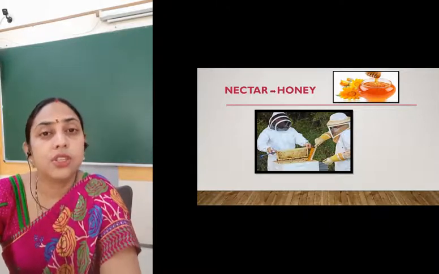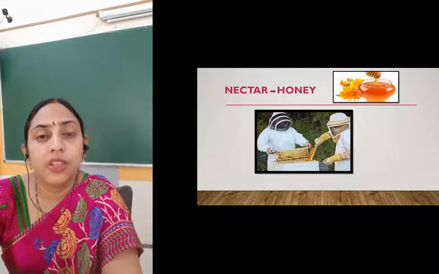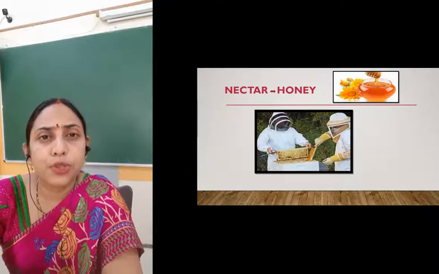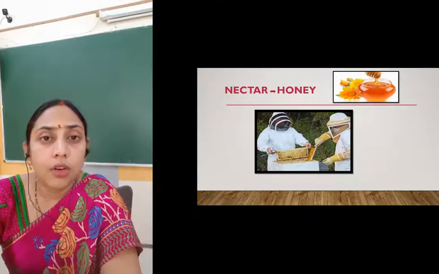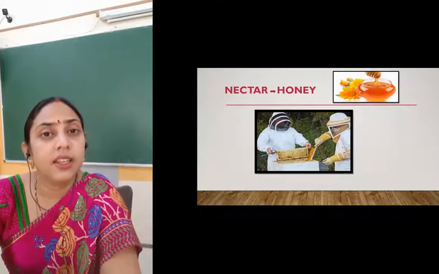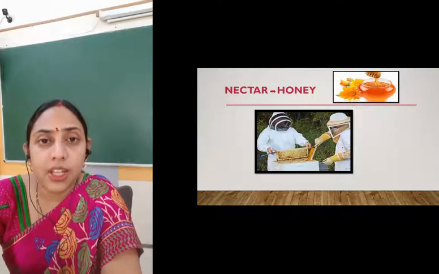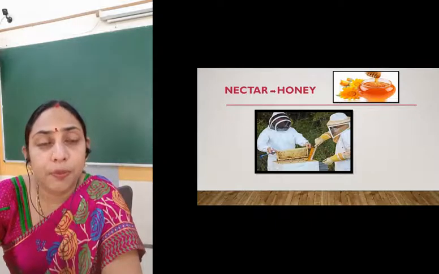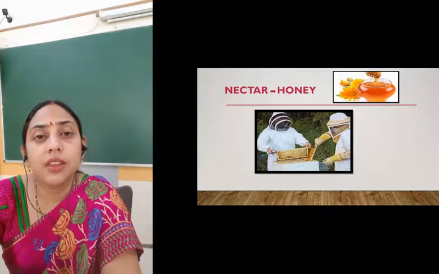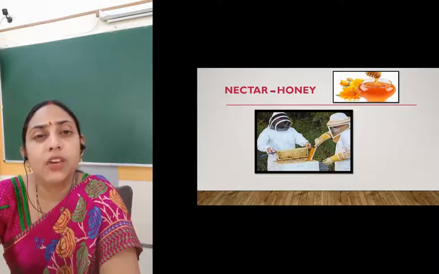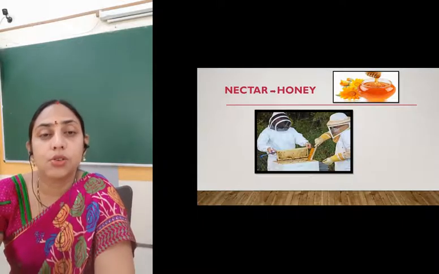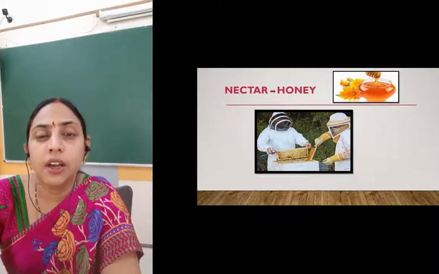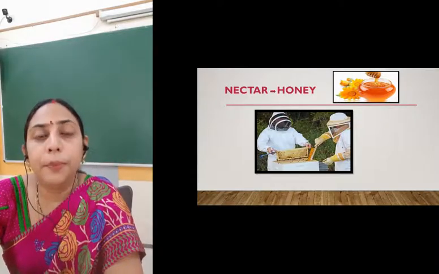So I also suggest you never try to disturb beehives, and never throw stones at beehives, because once the honeybees get disturbed, they can bite with their sting. That bite is called a sting. When they sting, the sting remains in our body and it gives a lot of pain and is poisonous also. So I suggest you never try to hurt the honeybees, and if you are doing that, be very careful.